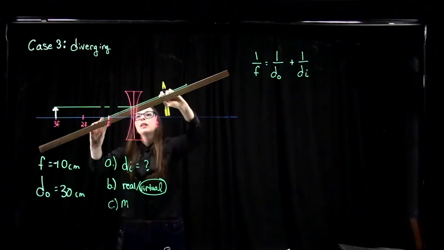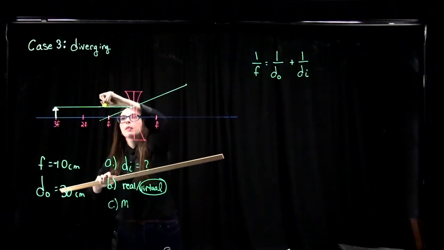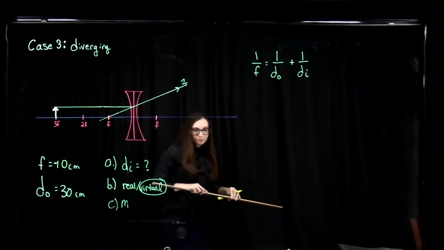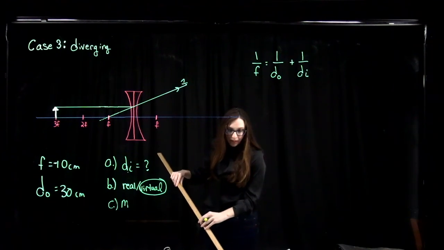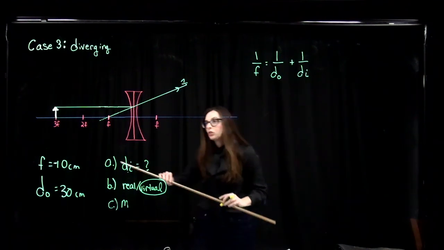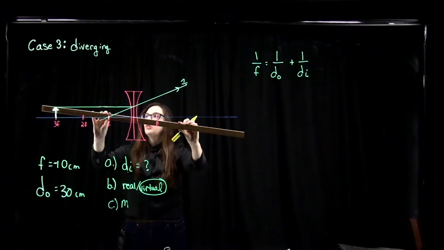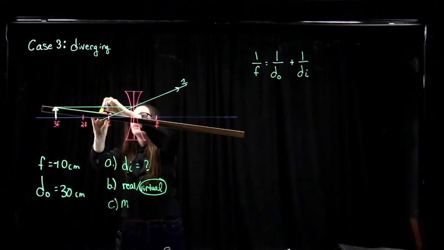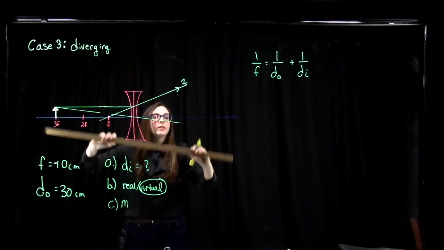Okay, so that's ray 1. Ray 2, our ray passing through the center does not change direction. Okay, so it doesn't get refracted. So then this ray is going to go through the center, like so. Ray 2.